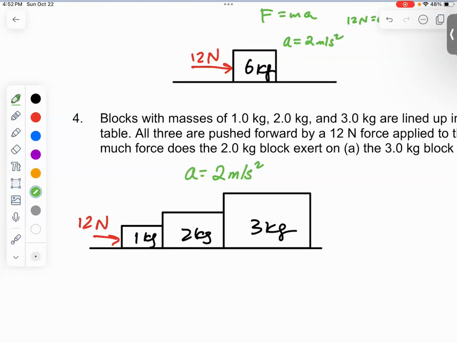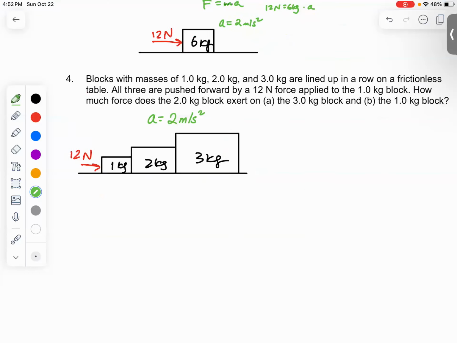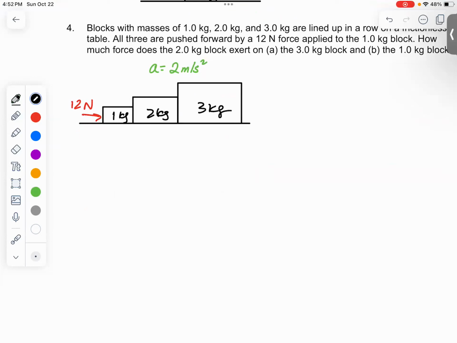Now, I would need you to do something here. That is, can you find out the net force, which is M times A, right? For the first block, the net force for the second block, and the net force for the third block. The 1 kilogram, 2 kilogram, and 3 kilogram blocks.